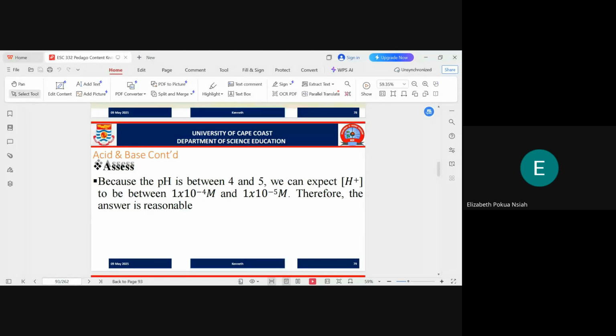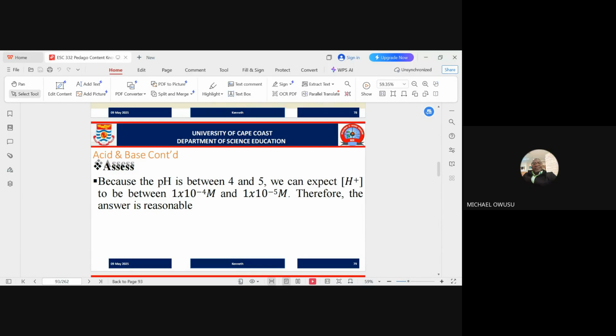Since we don't know the hydrogen ion concentration, we can find the antilog of the pH. So the hydrogen ion concentration will be equal to 10 raised to negative pH, and the pH is 4.82. The antilog of negative 4.82 will give us 1.5 times 10 raised to the power negative 5 molar.